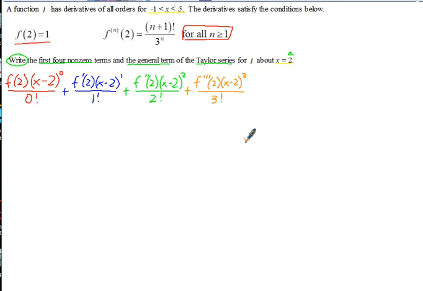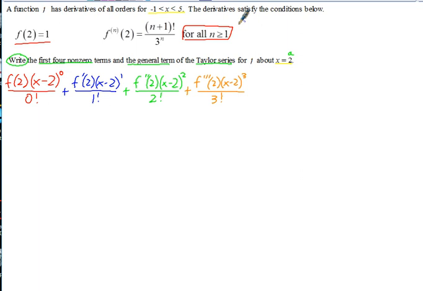And as long as none of these are equal to 0, that will give us our first 4 non-zero terms. Again, let's try to write the general term at the end to see what the pattern is. All right, so let's go ahead and find, well, we already know f of 2, so we need the f prime of 2, f double prime of 2, and f triple prime of 2. Let's find each of those.